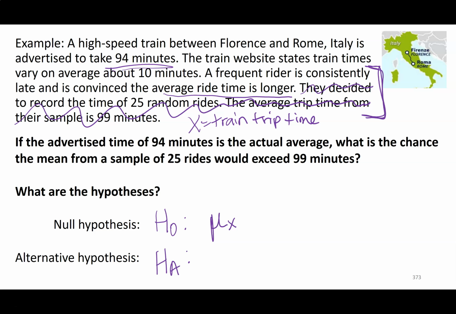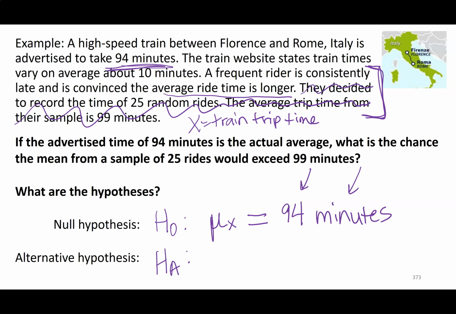I would take an average. That would make sense. And remember, in the null hypothesis, there should always be an equal sign. What goes here is the claim. So this website, it claims it takes 94 minutes. So 94 minutes. So not only do you want 94, you do want its units.